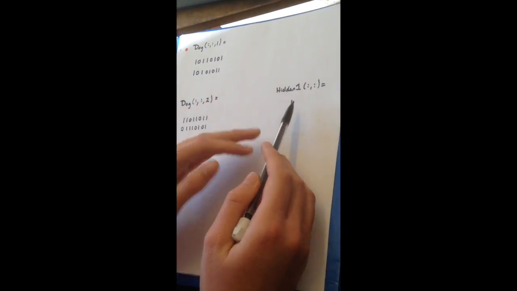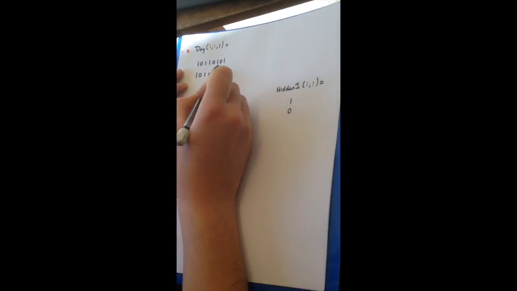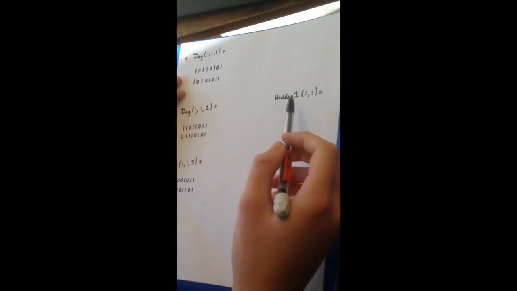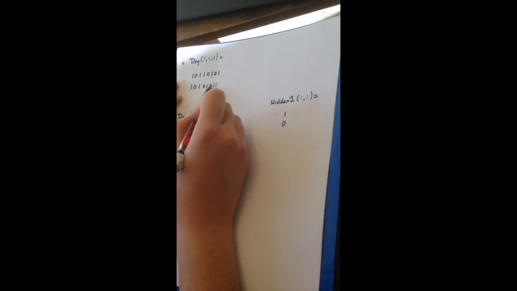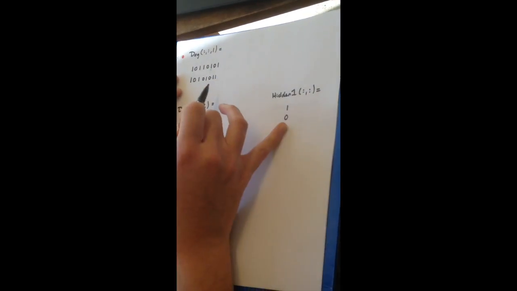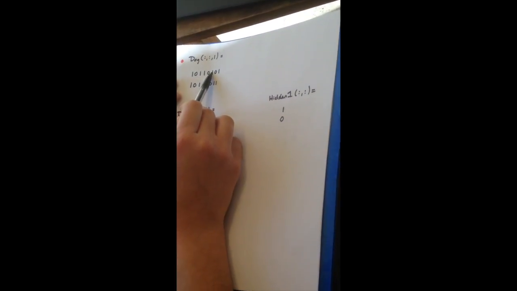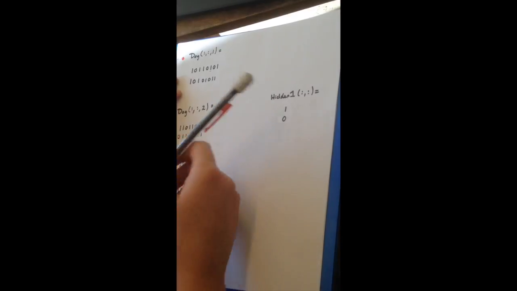Whenever the corresponding pixel of the hidden image is 1 or black, the third digit of the binary becomes 1. Whenever the hidden image is 0, the third digit becomes 0. So if this were 1, this would become 0 if the corresponding pixel of the hidden image was 0, and if this were 0, this would become 1 because the corresponding pixel of the hidden image is 1.